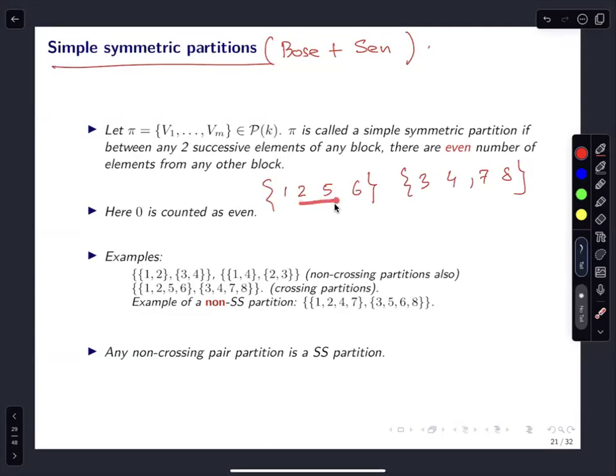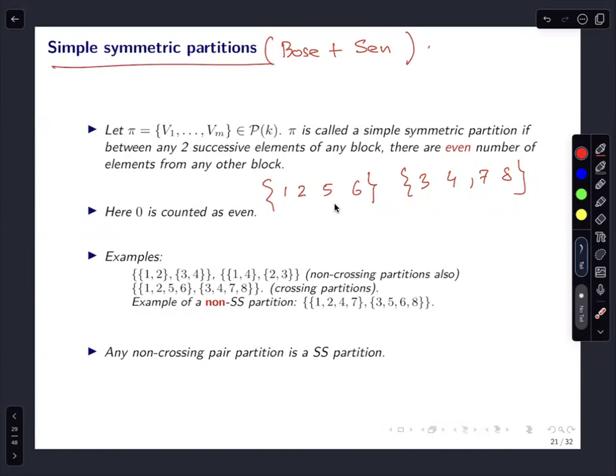Between 2 and 5, I have 3 and 4, so I have two elements in between 2 and 5. Between 5 and 6, I again have 0. Between 3 and 4, again I have 0. Between 4 and 7, I count this inside, so I have two elements between 4 and 7. And between 7 and 8, I again have 0. So this is an example of a simple symmetric partition.